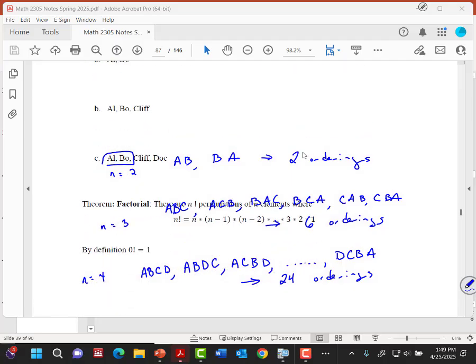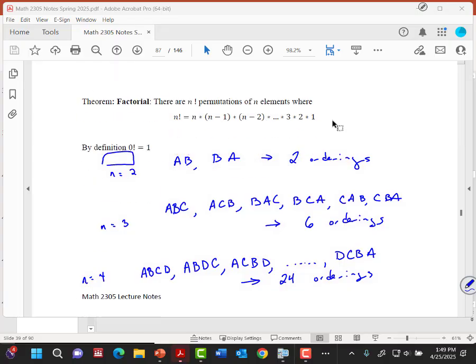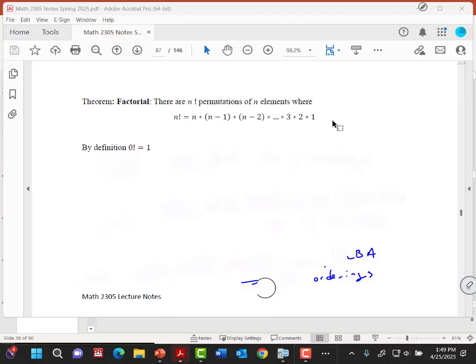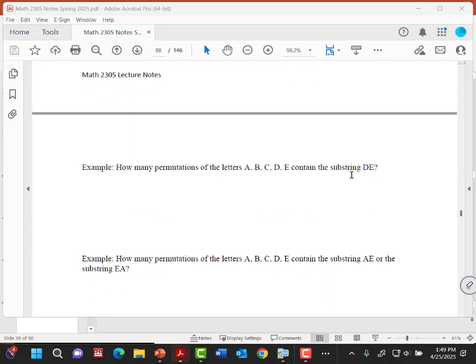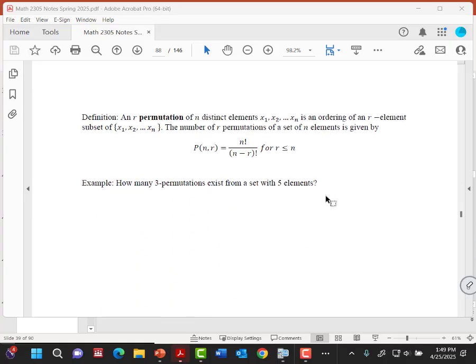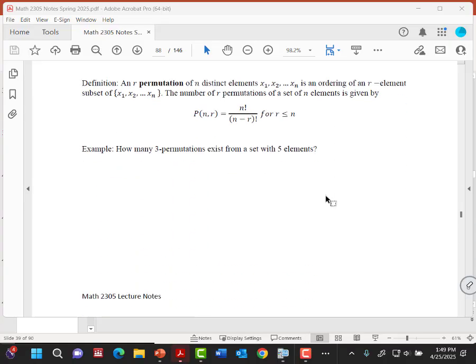And so here's the very basic definition of what factorial says. It says that there are n factorial permutations of n elements, where n factorial is the product of n times n minus 1 times n minus 2, all the way down to 1. Now let's jump around and take a look at some examples, and define what an R permutation is.